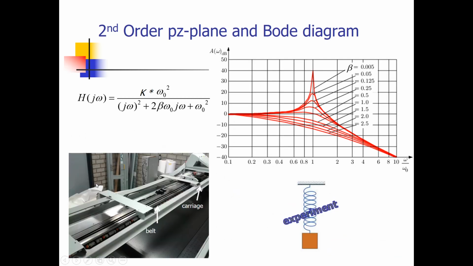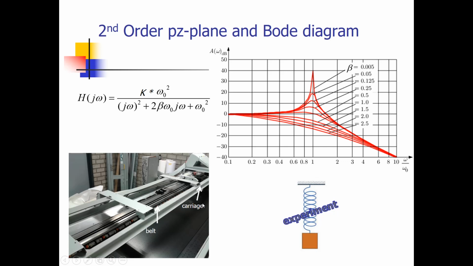Well, does it occur in real life? Yes, it occurs. You could do an experiment by yourself with a spring and a mass connected to it. When you move it at a certain frequency, you can see that it starts to behave with really high amplitudes.